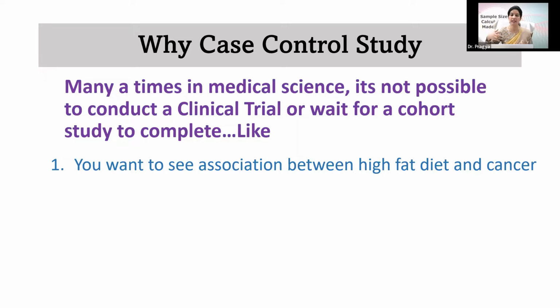So many times, if that exposure is a risk factor, because of the ethical concern you cannot do a randomized control trial. And for a cohort also, if you know that the disease will take a long time to develop with that exposure, then also you don't want to do a cohort study.